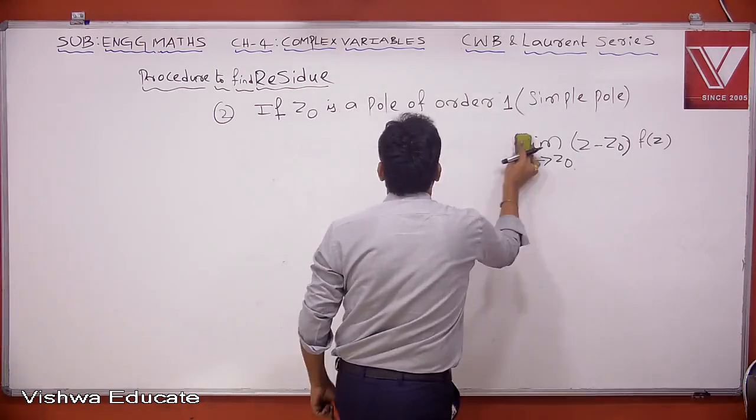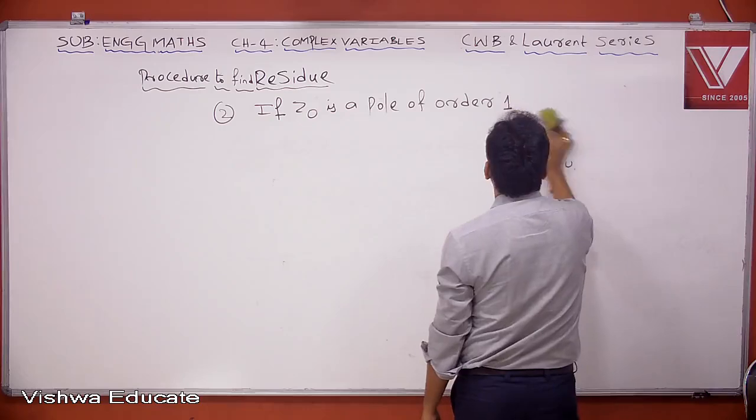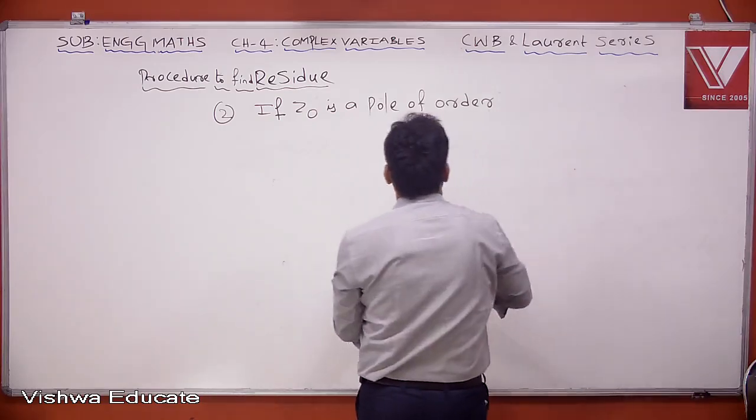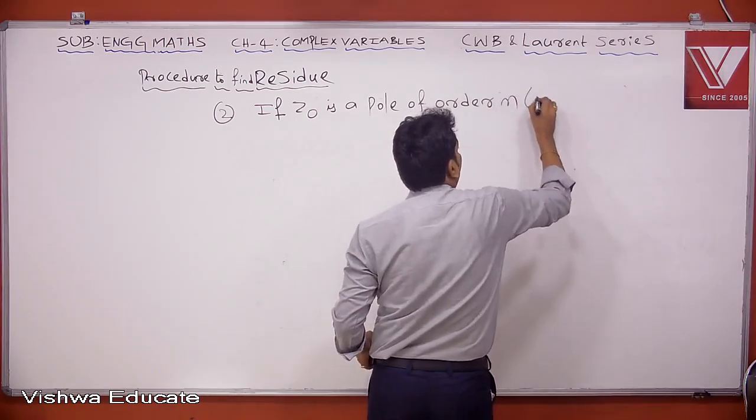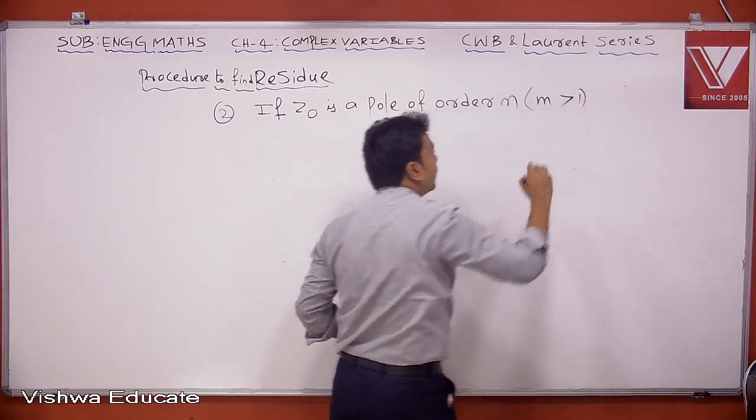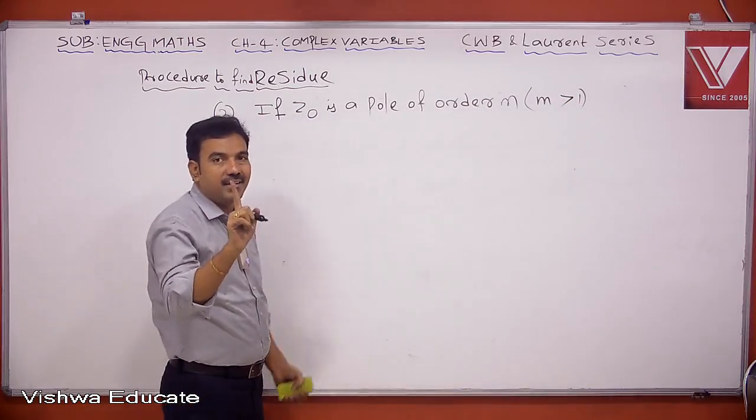Suppose z naught is a pole of order m, where m is greater than 1. Poles of order 1 are handled in case 1.